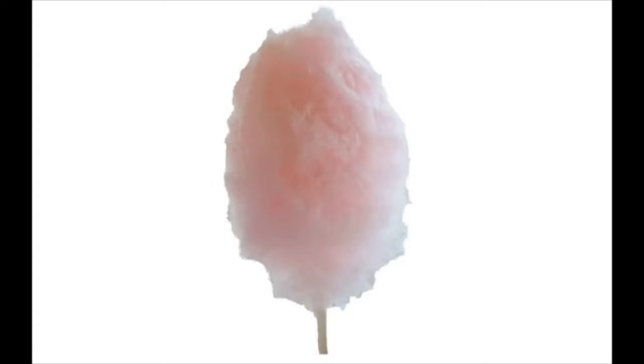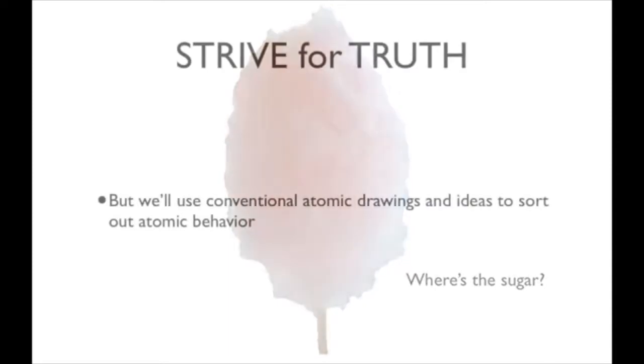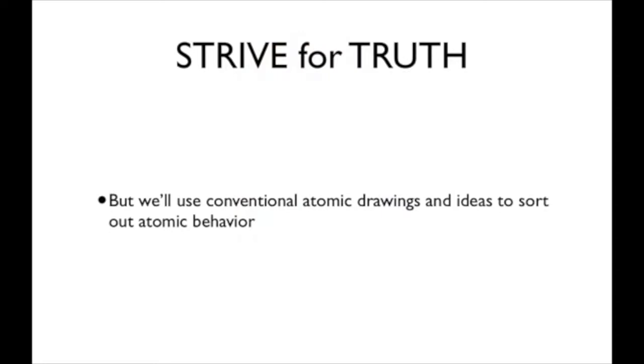One of the best analogies that a chemist gave me for this is with cotton candy. And he said, okay, where's the sugar? Well, the sugar's kind of everywhere. I mean, the whole cotton candy is made of sugar. That's kind of the same idea with these electrons. So the orbital itself really is the electron, but that's really hard to draw and describe.